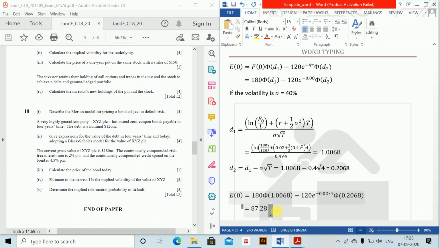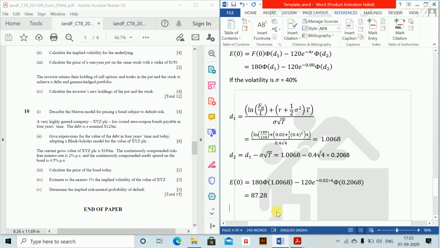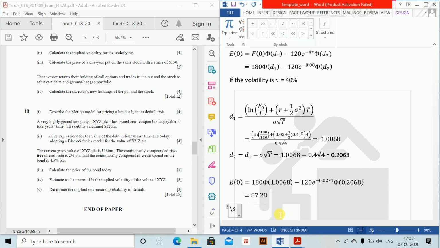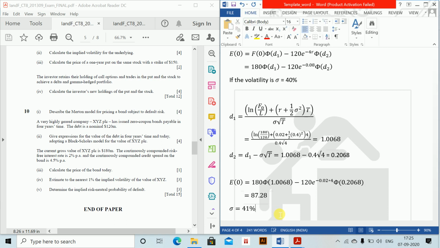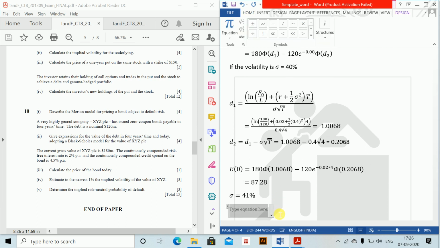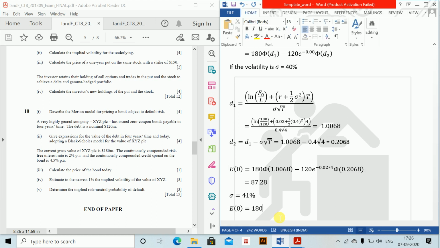And if you check for sigma equal to 41%, doing the same calculations, you will see E0 is equal to 180 Φ(1.0020) minus 120 e to the power minus 0.02 into 4 Φ(0.1820), which is equal to 88.14.